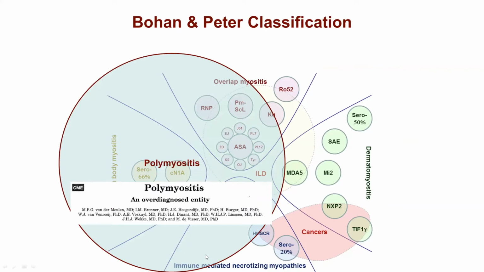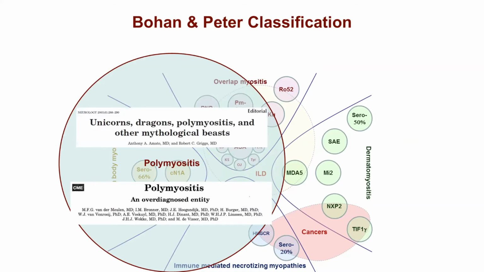And since the mid-1990s, one group published a paper saying that polymyositis is certainly an overdiagnosed entity, because in their cohort at that time, most of the polymyositis patients were patients with another connective tissue disorder or inclusion body myositis. And the editorial associated with this paper said that polymyositis is a sort of mythological beast.